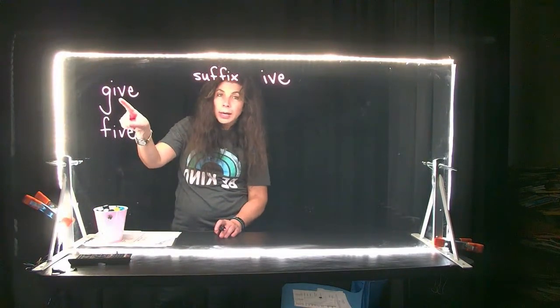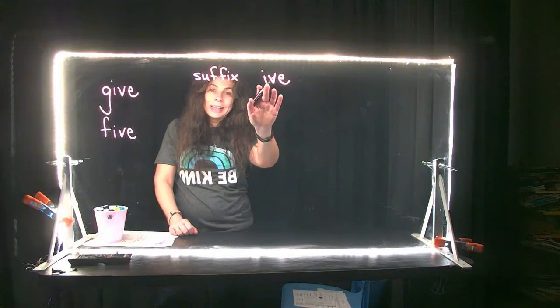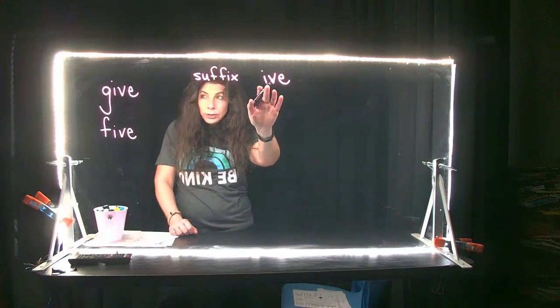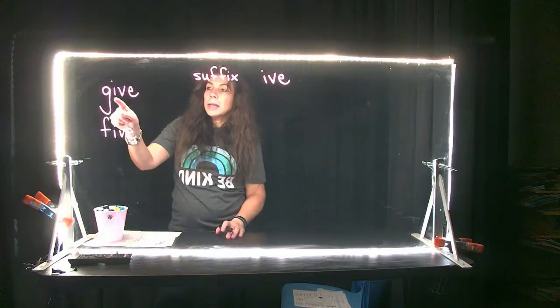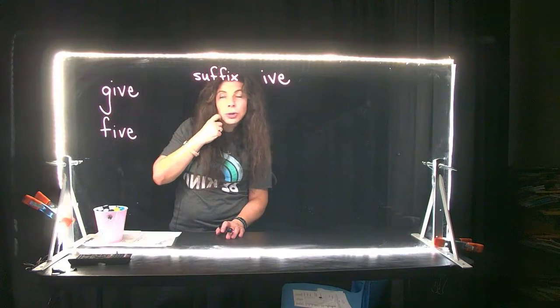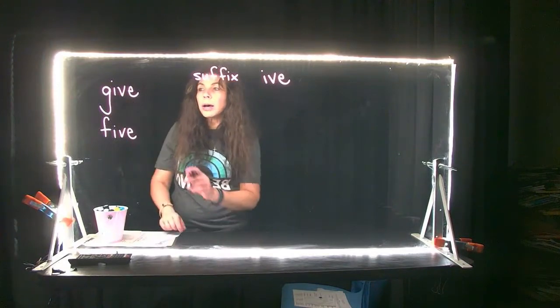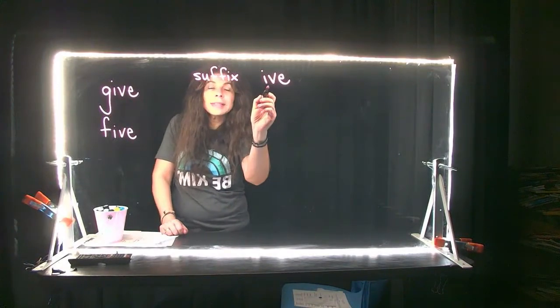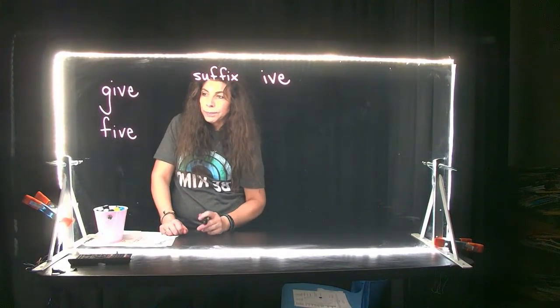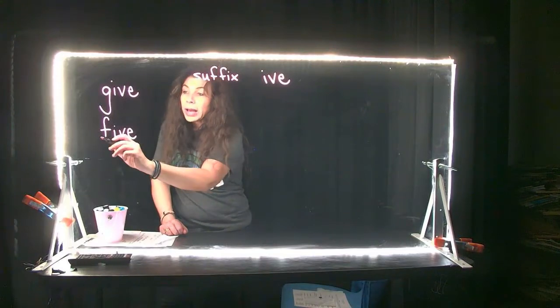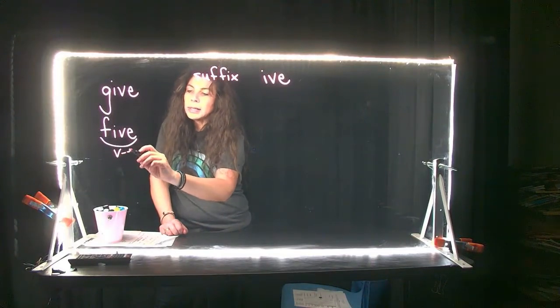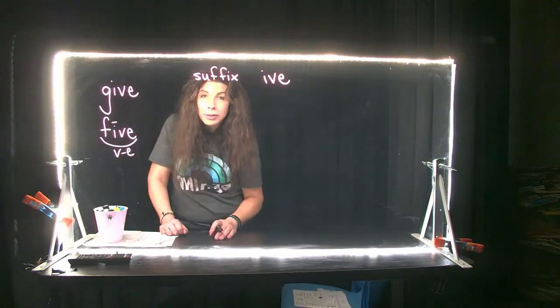So sometimes, like in this case, the suffix is iv with a short I. In the word give, it's a short I, but this is part of the word. It is not the suffix IVE. This five is actually a vowel consonant E, and it's a long vowel sound.